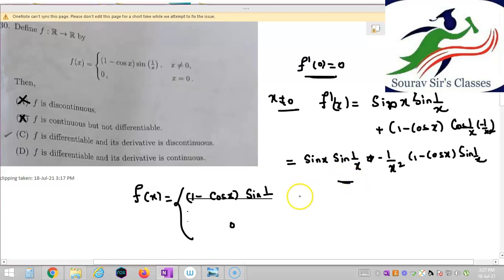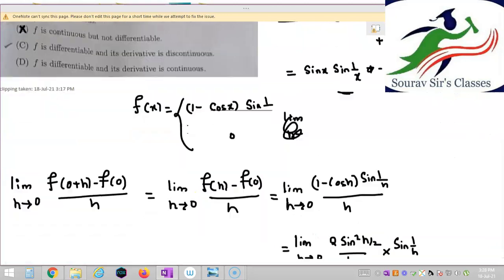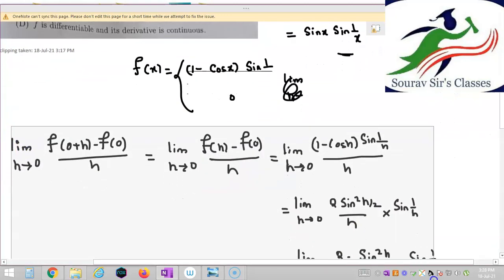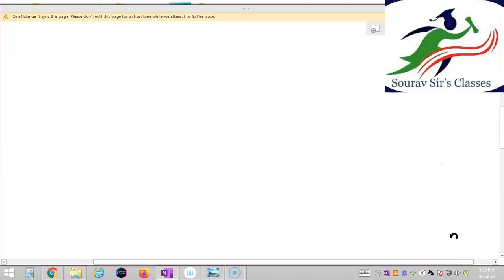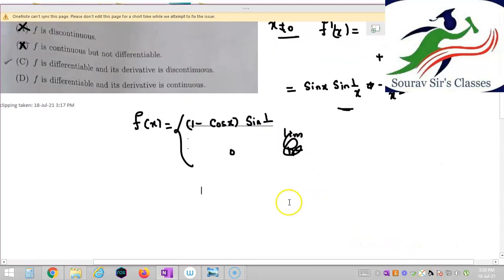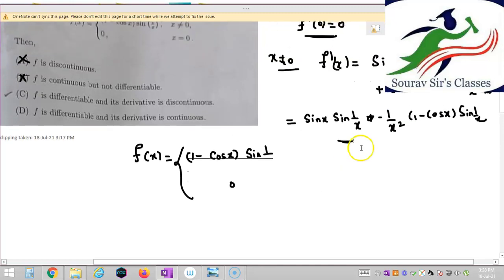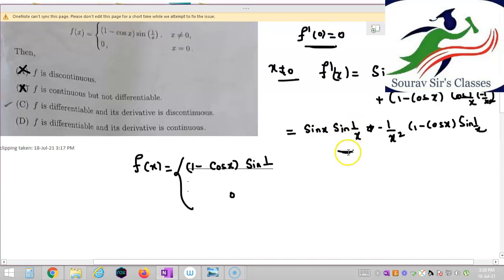Now we need to check whether the derivative of f is continuous or not. When x is not equal to 0, f dash x must be continuous. So we need to check the continuity of f dash x at x equal to 0.